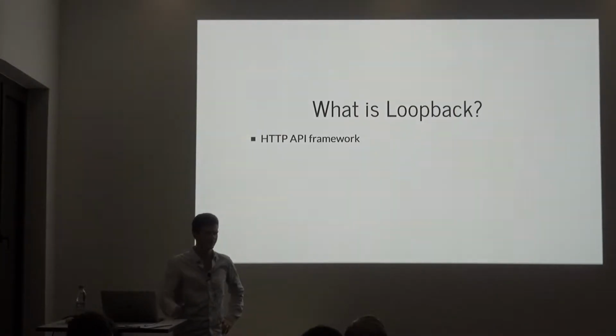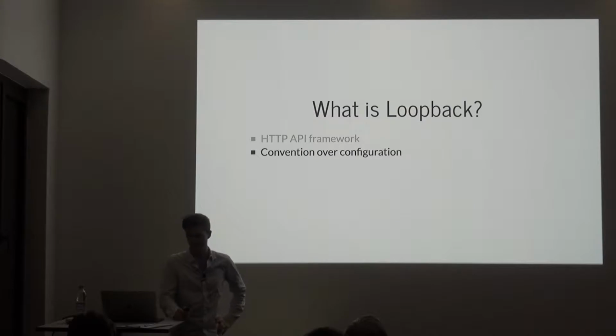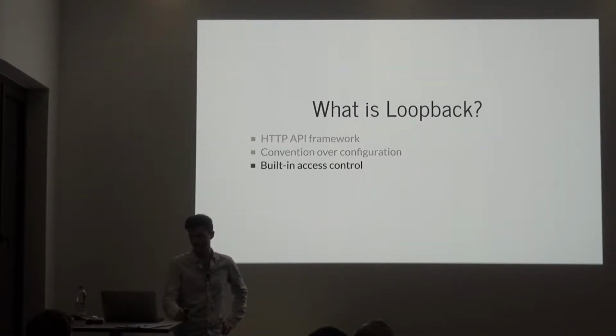So you have an HTTP API framework. It's based a lot on the idea of convention over configuration. It gives you a lot of conventions that you have to consider to use it effectively, but if you do that, then you don't have to do a lot of configuration. You get a lot of things out of the box.